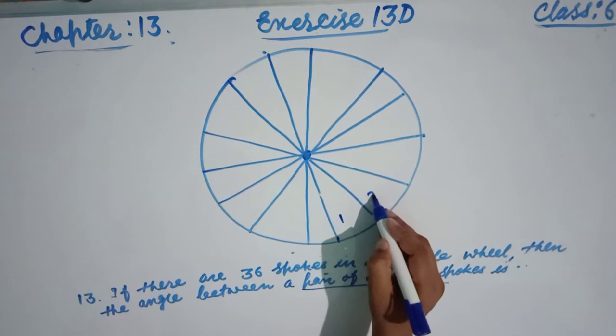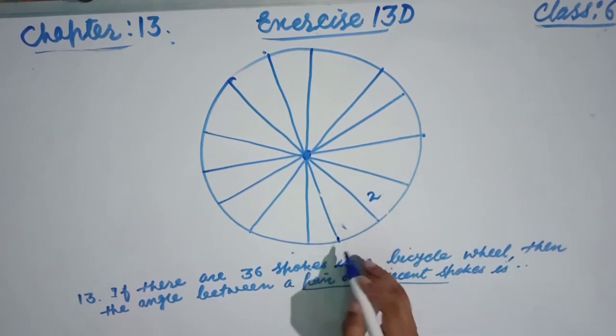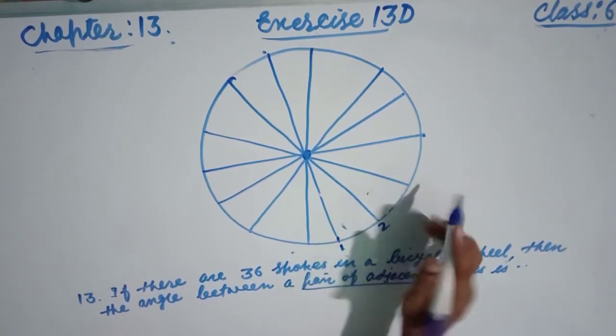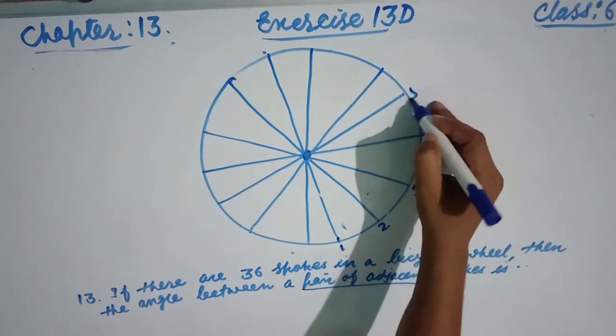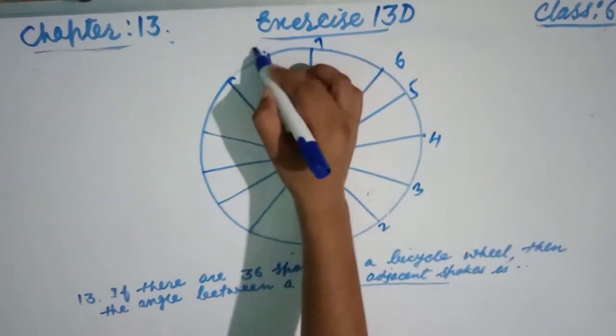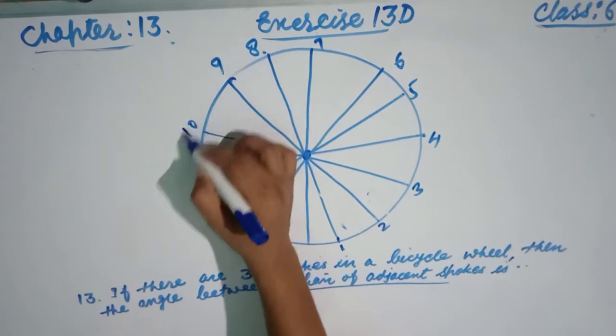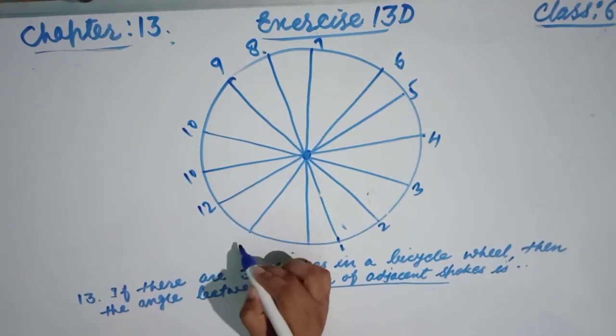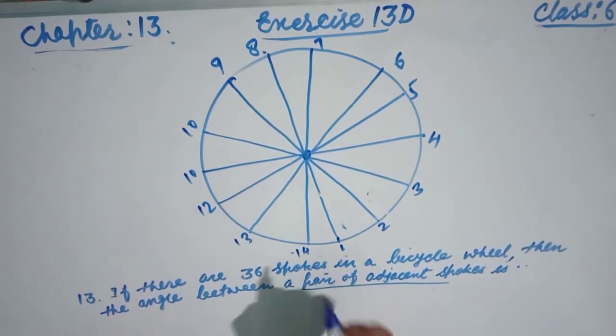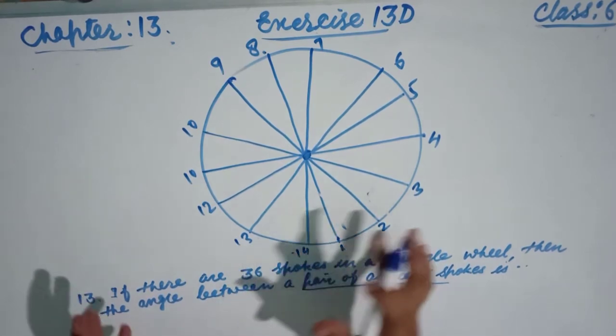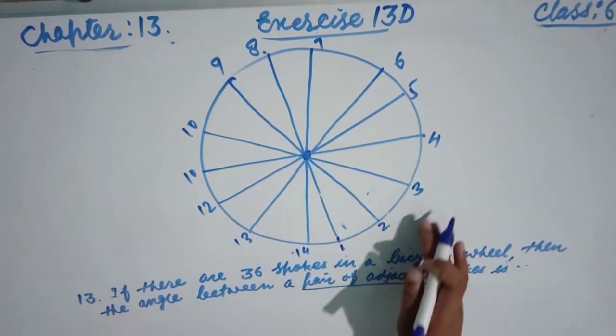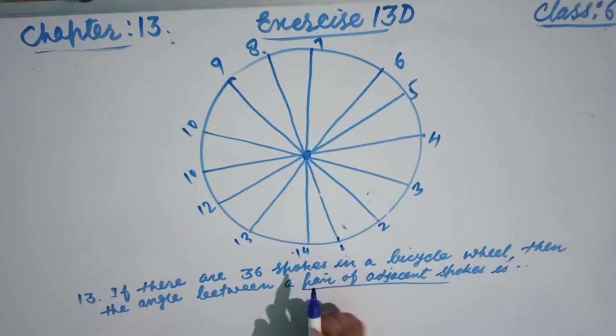This is 1, 2 spokes, 3, 4, 5, 6, 7, 8, 9, 10, 11, 12, 13 and 14. Look at, friends, we did not draw all 36 spokes; here we drew 14 spokes. This looks like a bicycle wheel.